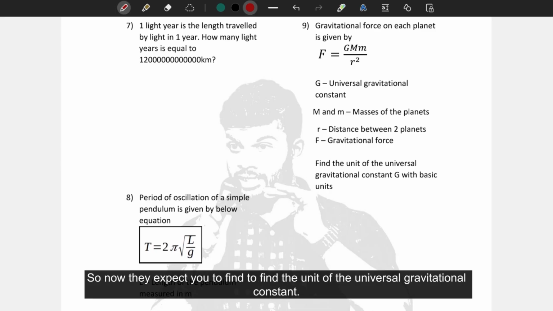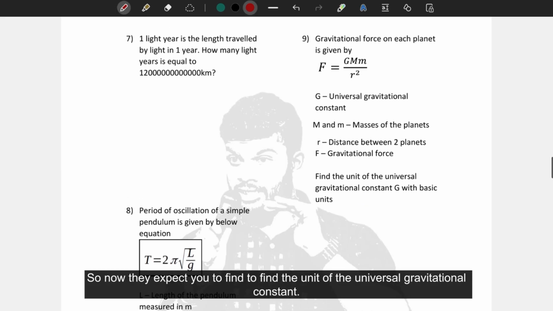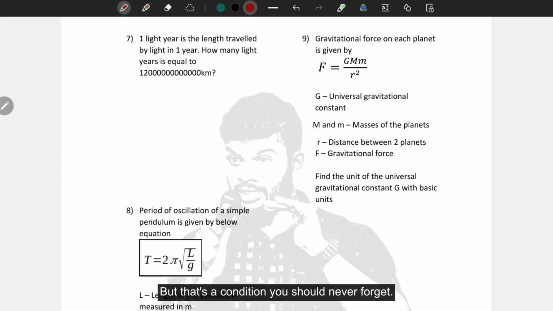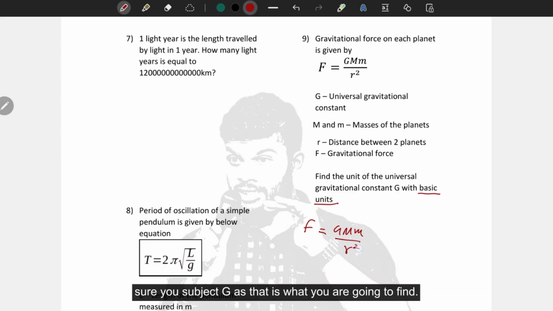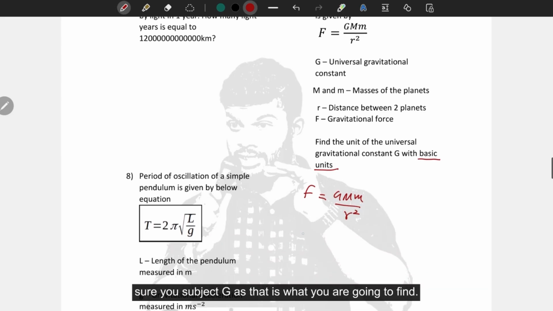Now they expect you to find the unit of the universal gravitational constant, but there's a condition. You should never forget the condition: with basic units. So if you ever get a question like this, make sure you make G the subject, as that is what you are going to find.